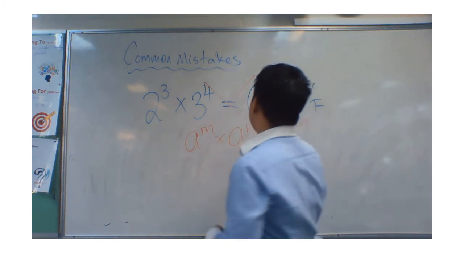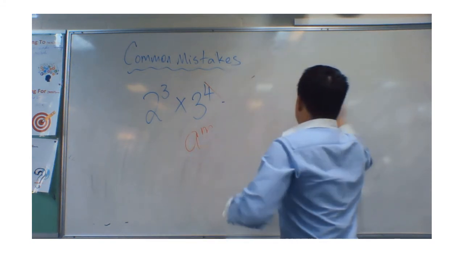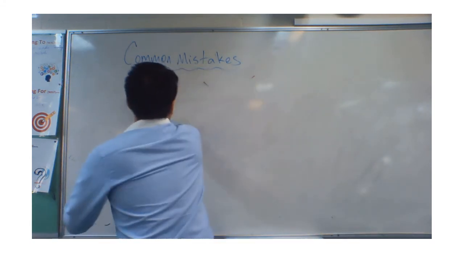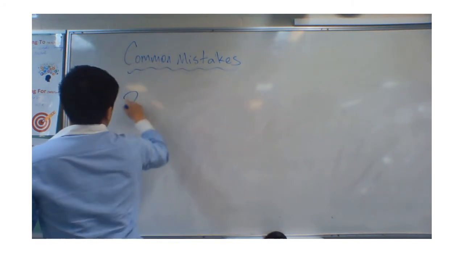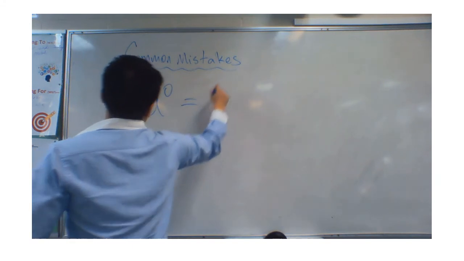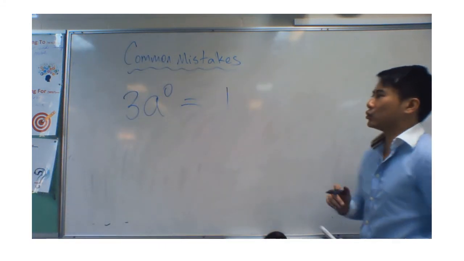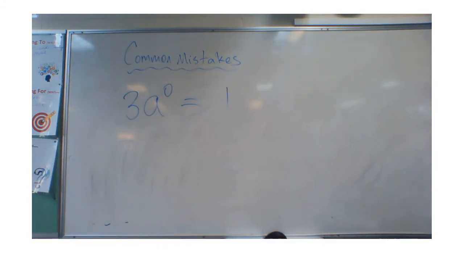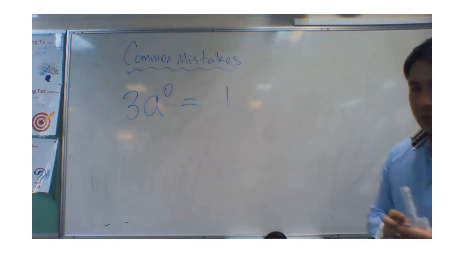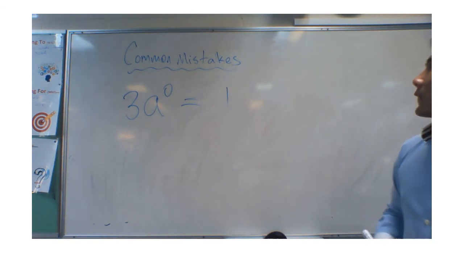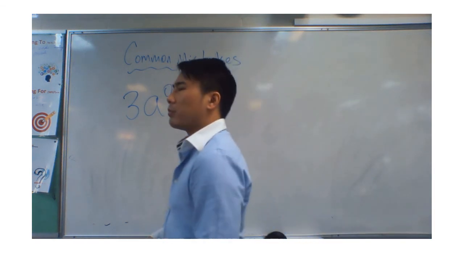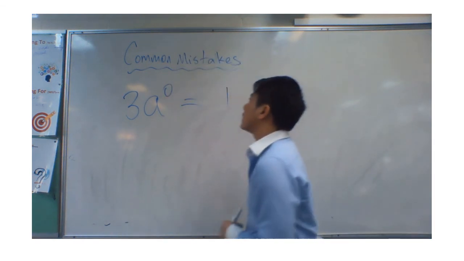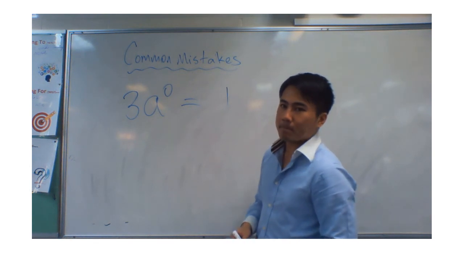One last one is, let's say if I have 3 a to the power of 0, does that equal 1? Is that true or is that false? Yeah, a to the power of 0, then you say when we raise something to the power of 0, it's going to become 1. Does that become 1?